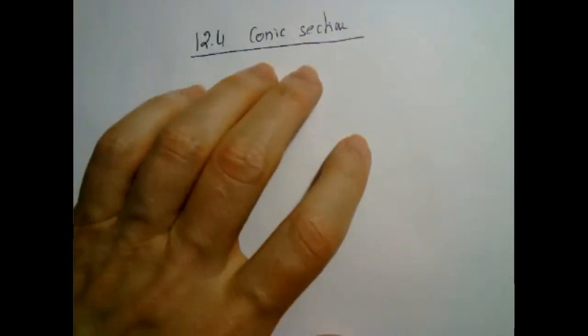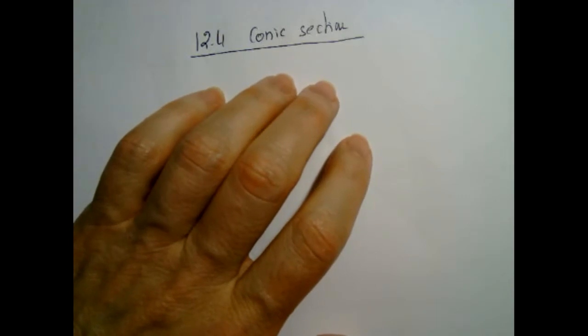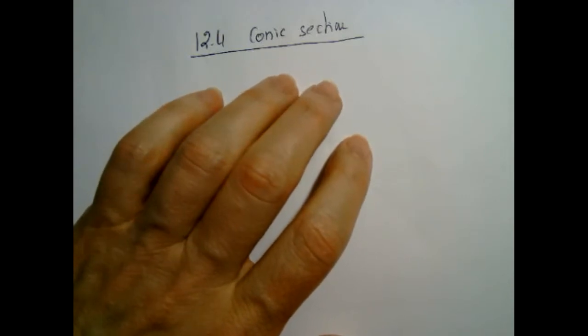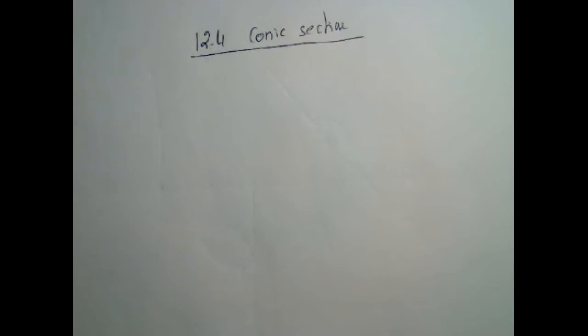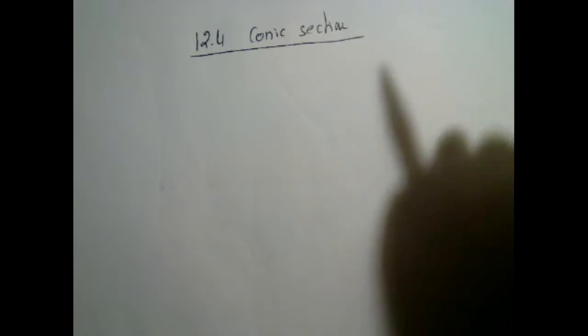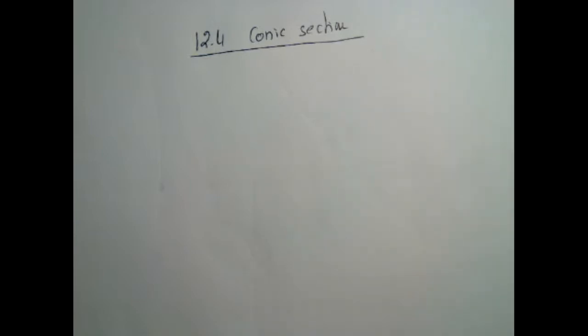Before I do that, I'm not following the book for this section. I put on the announcement on Brightspace a link to the chapter I'm going to use. I'm going to use a very basic, simplified version of conic sections, which is what I think you will need. And so it's already on Brightspace.